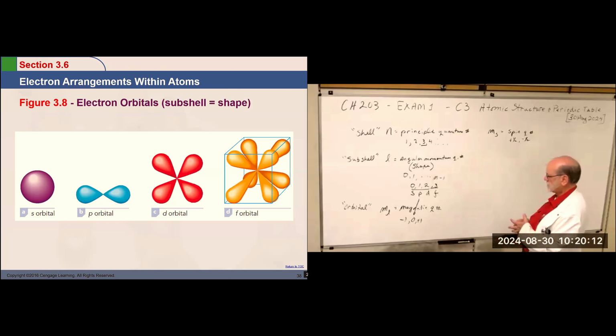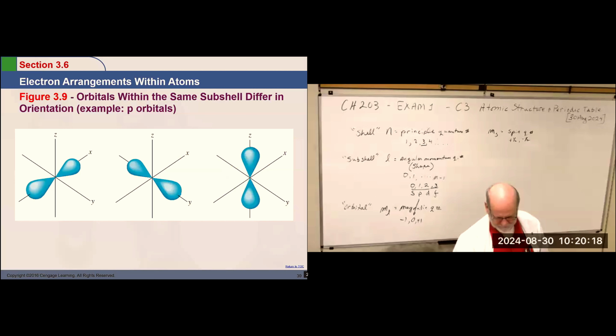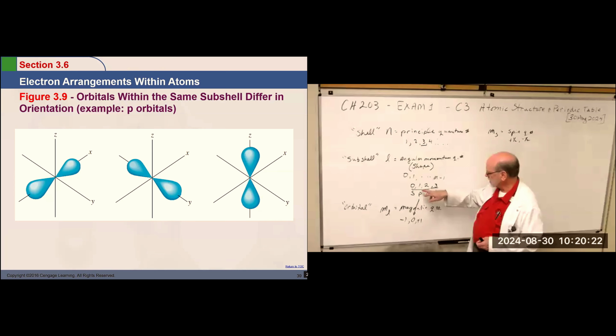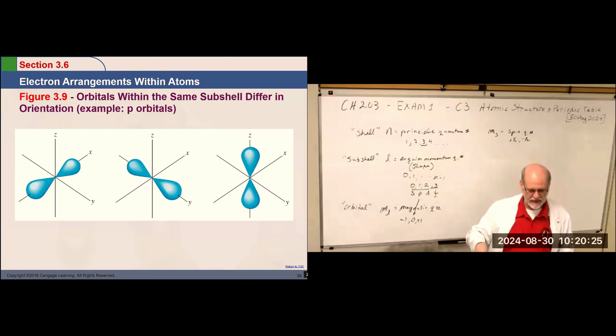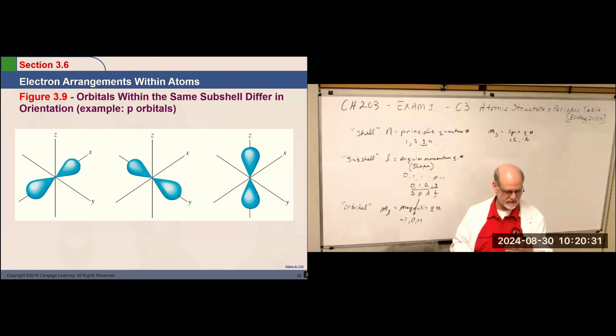All right. So if we have a P or an L equal to 1, we could either have a -1, a 0, or a +1. -1 would be the dumbbells on the x-axis, the 0 would be on the y-axis, and the +1 would be on the z-axis.